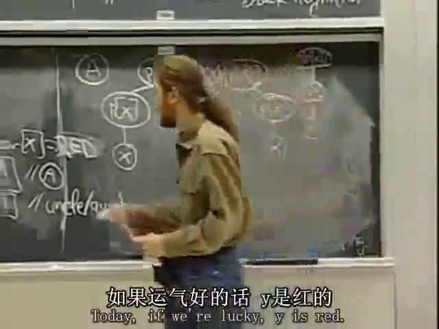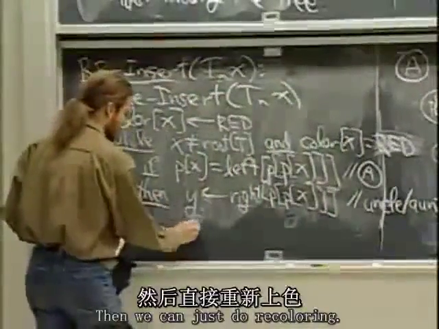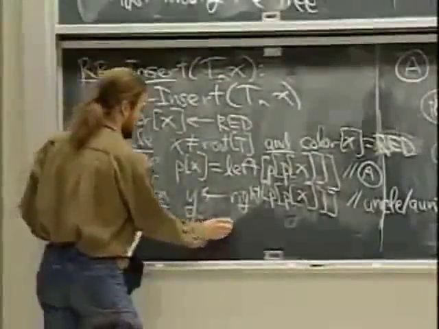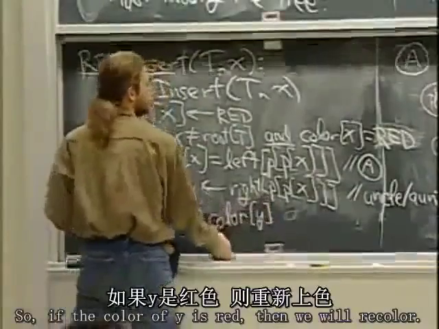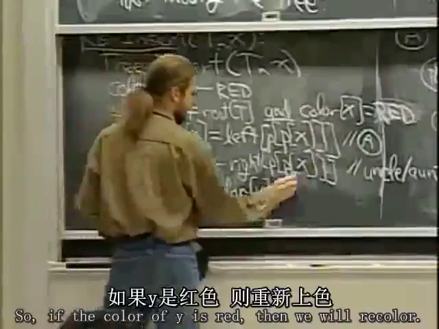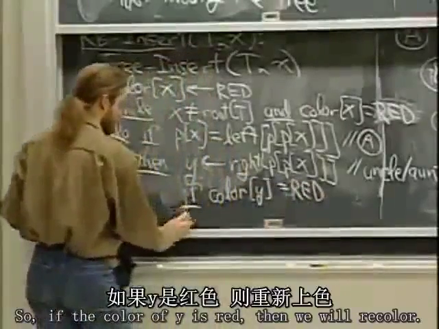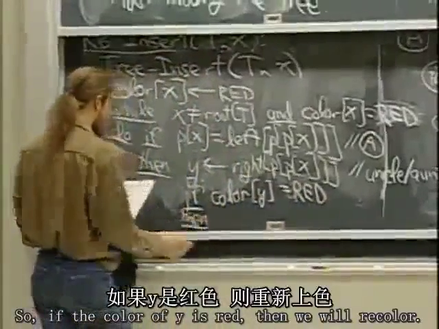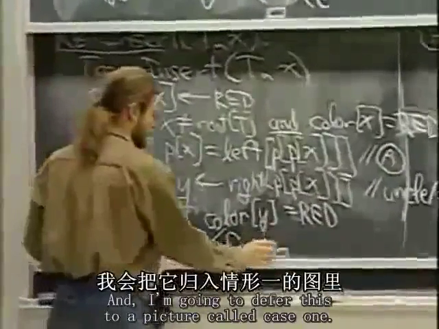So if we're lucky, Y is red. Then we can just do recoloring. So if the color of Y is red, then we will recolor, and I'm going to defer this to a picture called case 1.